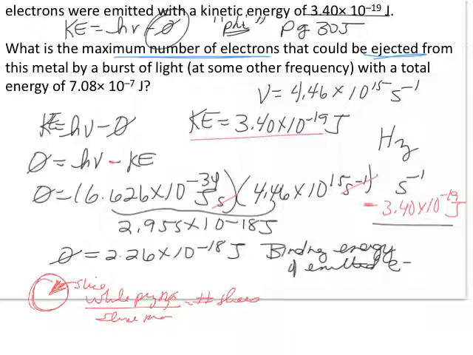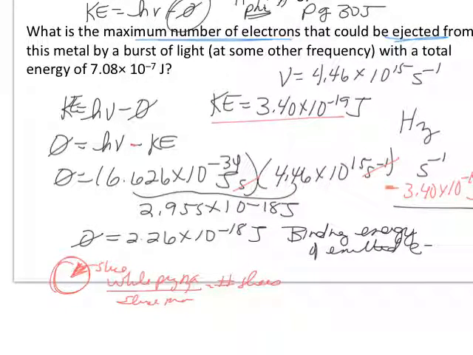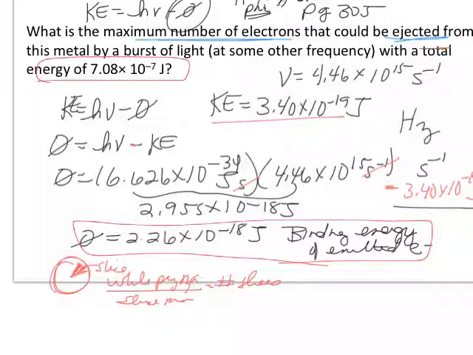Okay, so what you're going to do now, they give you a total energy here, and you're going to divide by the binding energy of the electrons to figure out the total number of electrons.